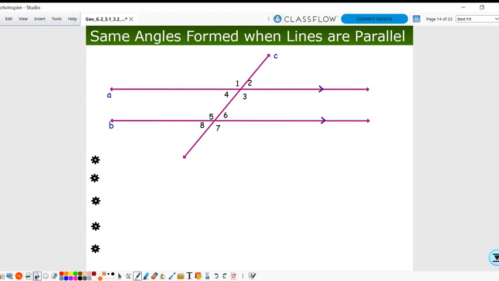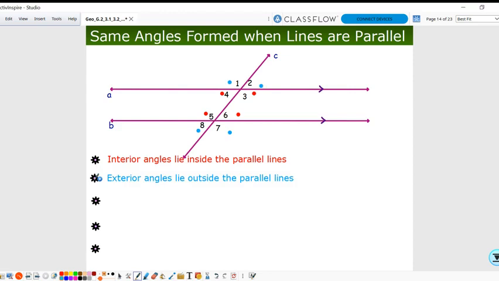The same types of angles are formed when we have parallel lines, and there's something that we can recognize then with their angle measures as well. The red dots show interior angles lying inside the parallel lines. Our blue dots are showing exterior angles that lie outside the parallel lines.